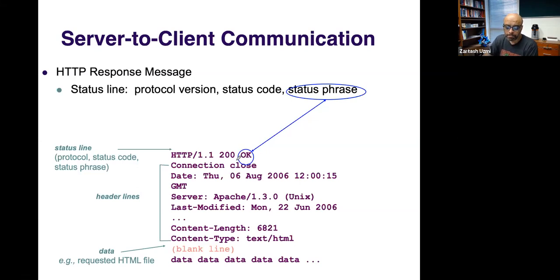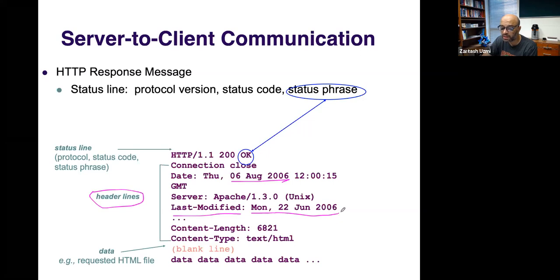Okay. Then just like in the request header, we also have a header in the response where the header lines indicate some information. So for example, you have a date here, 6th August 2006, which means the current date. Last modified: when was this resource, this object, last modified?